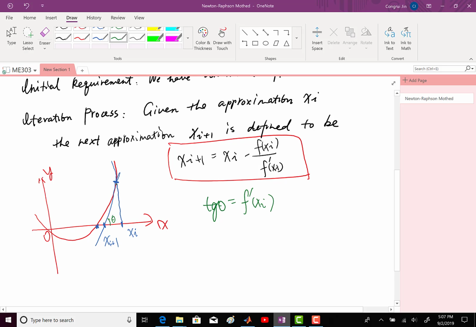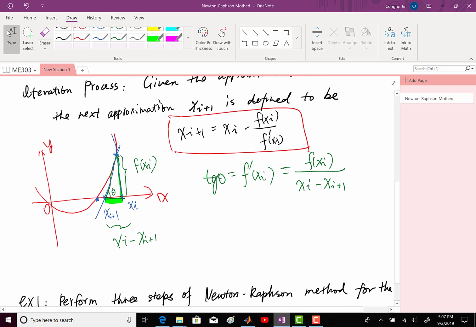Also in this triangle, tan theta should be the length of this side over the length of this side. So tan theta is the length of this side, which is f(xi), over the length of this side, which is xi minus xi+1. So tan theta, which is equal to f'(xi), should be equal to f(xi) over xi minus xi+1.